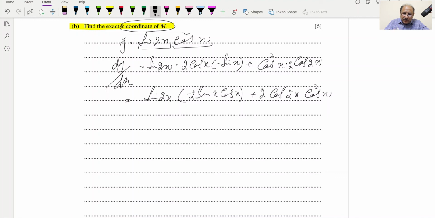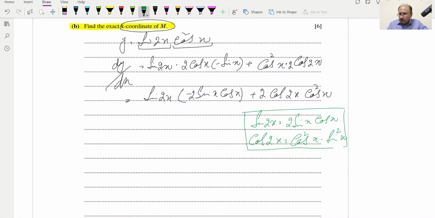Now we can apply the formulas, and the formula is: sine 2x is equal to 2 sine x cos x, the same formula which we applied in the previous question, previous part also, and cos 2x will be equal to cos square x minus sine square x. So these will be the two formulas which we will be using.